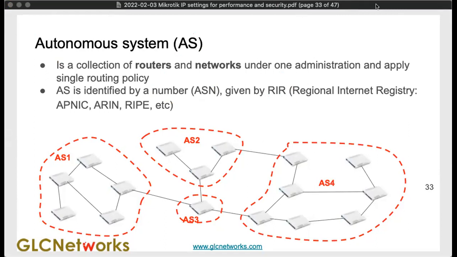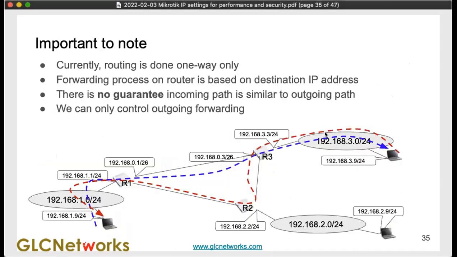Actually, I think the more appropriate way of saying it is that you are part of the internet. You're not connected to the internet, you are part of the internet. Because you must have your own public IP and your own AS number, you can connect to each other, like in this diagram.